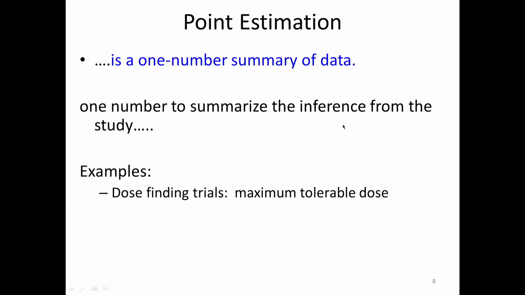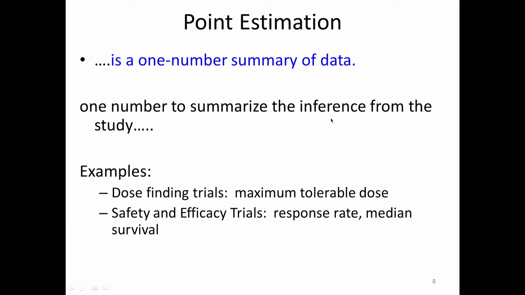It could be like dose finding trials, maximum tolerable dose. What is the maximum tolerable dose of this particular drug on humans? Okay. Or when you are doing a safety study or efficacy trials, what is the median survival? Okay. What is the response rate?